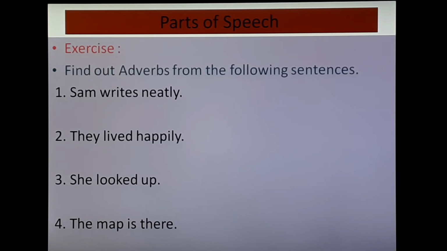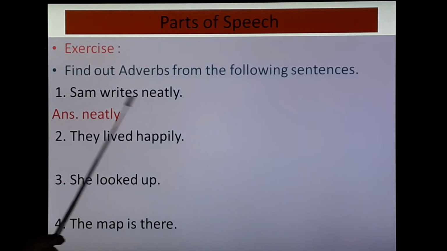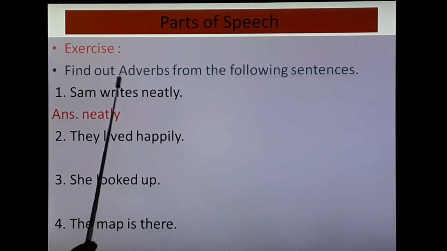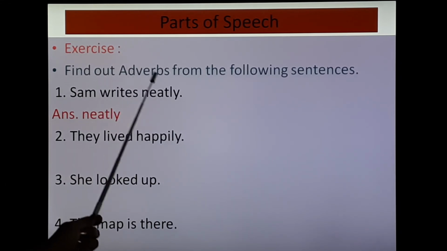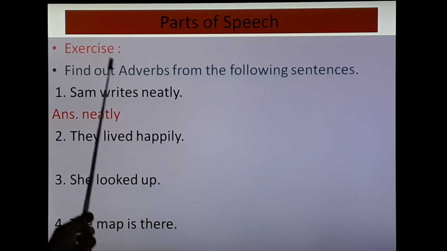Let's check the answers. In the first, Sam writes neatly. According to our trick, you have to find out the verb first. Here writes is the verb, and neatly adds something to the meaning of this verb.